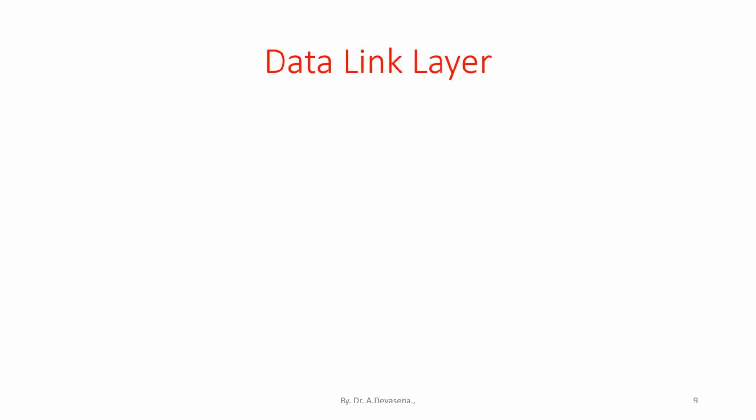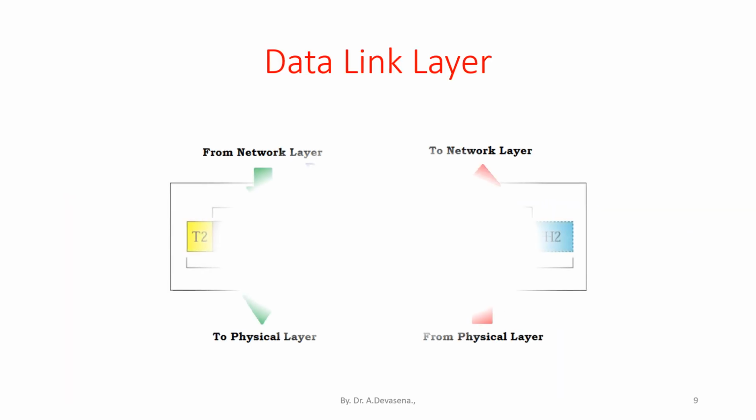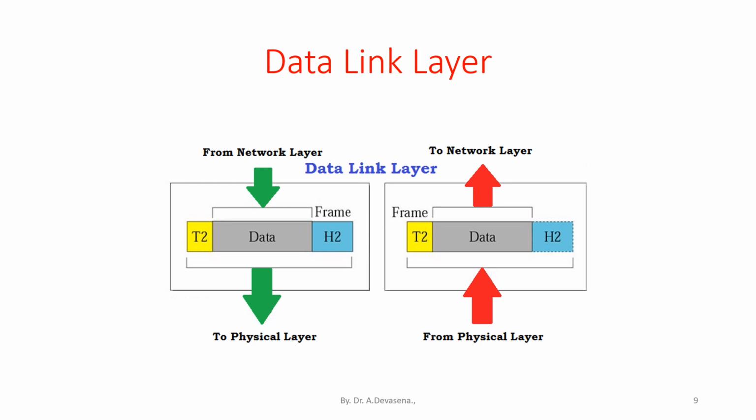Let us see the data link layer. This data link layer is placed in between the network layer and the physical layer. Data from the network layer is passed to the data link layer, and from the data link layer it is passed to the physical layer.